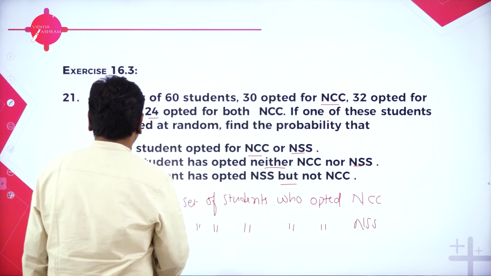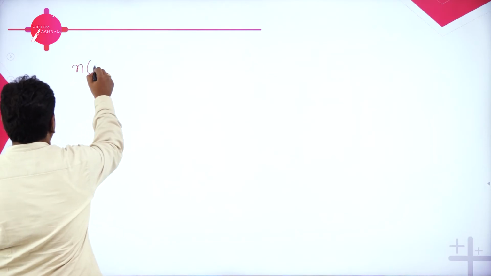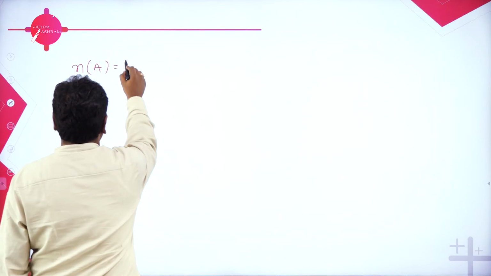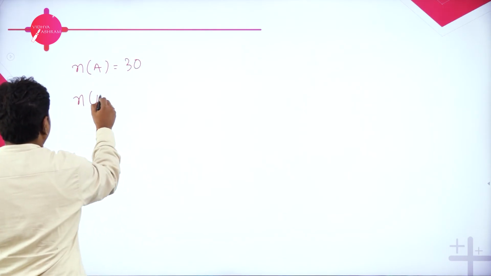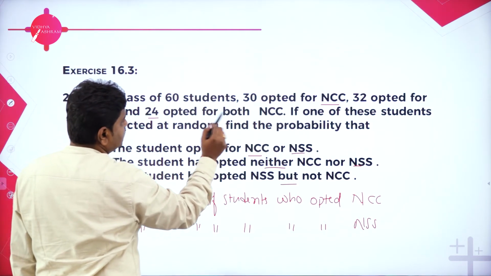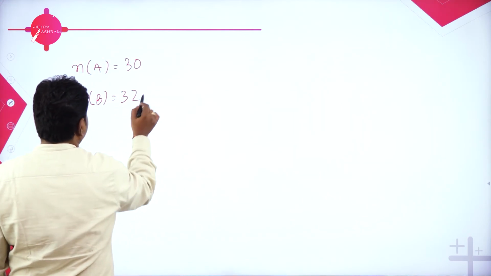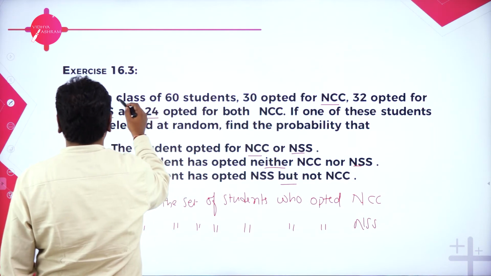Now whatever is given, number of elements in A, number of students who opted NCC, 30 they gave. N of B, number of students who opted NSS, 32 they gave. N of S is also given.